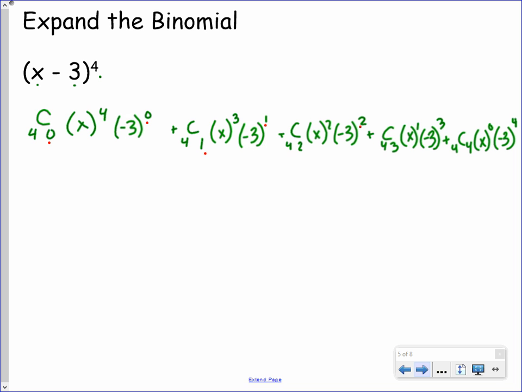Okay. So now you're going to do the work where you actually evaluate each part of that. I'm using Pascal's triangle, so I'm not going to use my calculator. I know a combination of 4 choose 0 is 1 times x to the 4th, and anything raised to the 0 is 1. Plus, this will be 4 times x cubed, negative 3 to the 1st is negative 3.